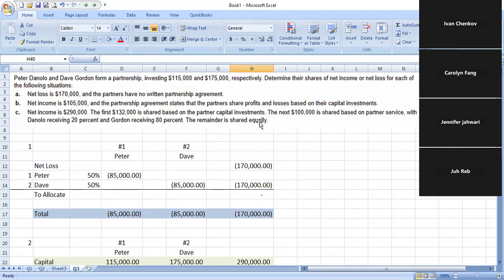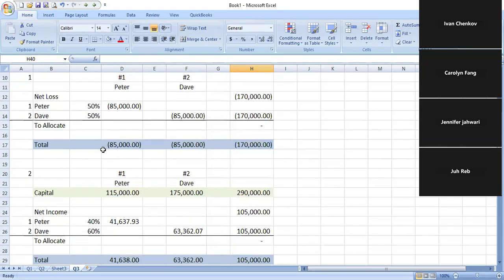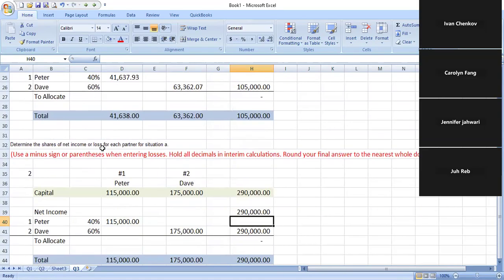The remainder is shared equally. Do we have enough income to follow this process? Obviously we do, so we don't have to worry about this. Even if we don't, even if it goes negative, keep going. I'll show you the IF function if that's what they want.